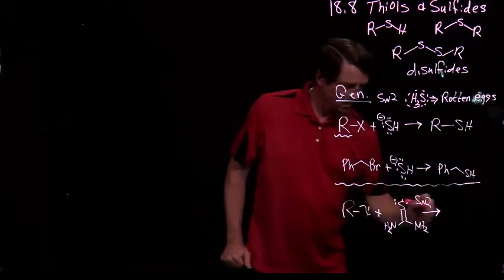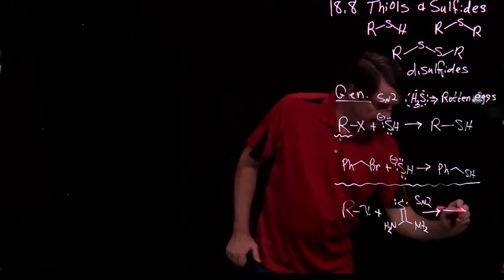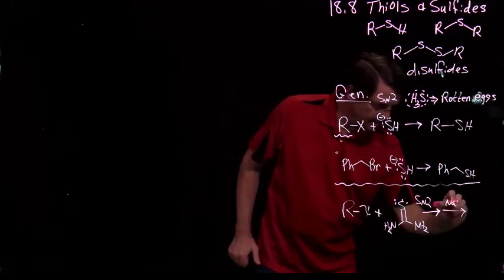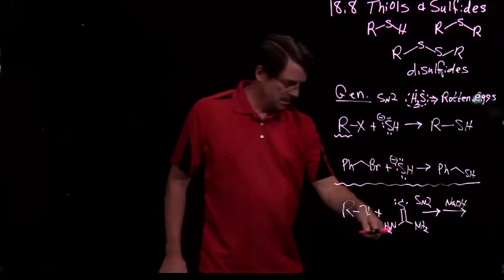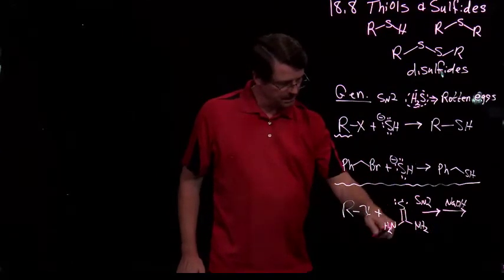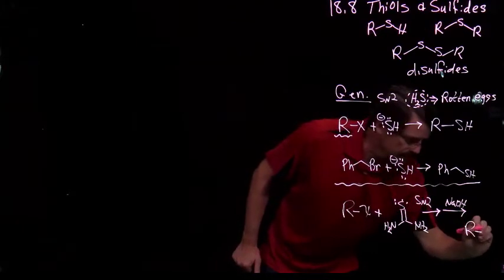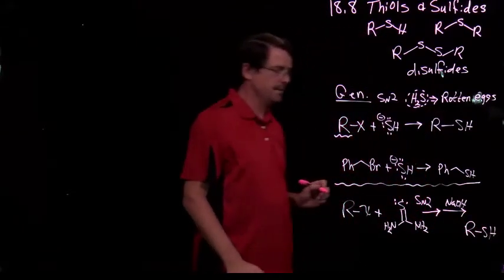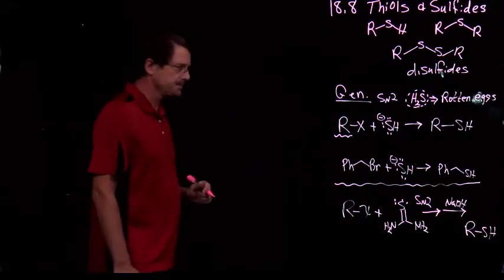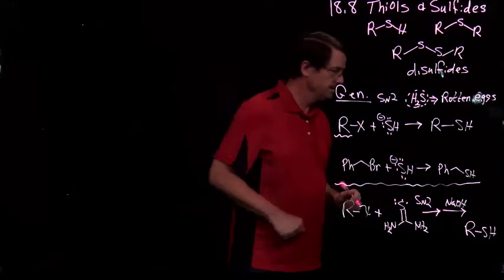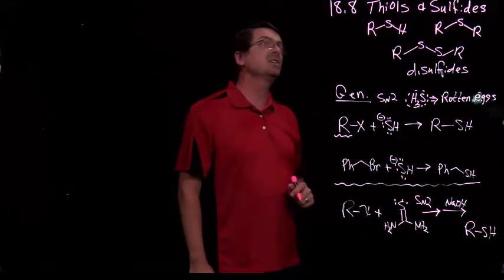And then we treat that with sodium hydroxide to cleave and hydrolyze this thiourea, and we get from that the thiol product. So there are some specific examples there for you.